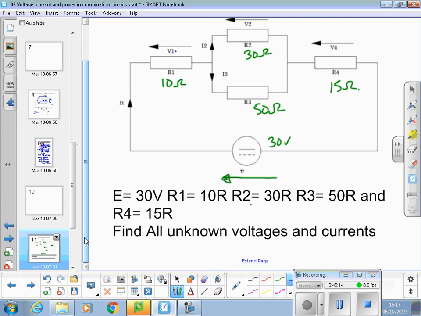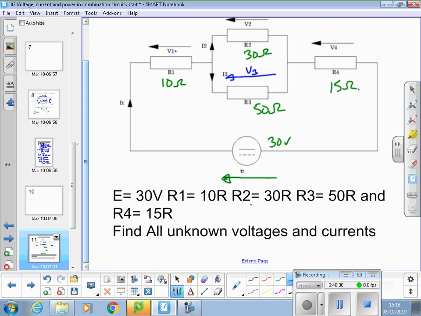We've got V2 across the resistor R2. What's the value of V3 going to be in terms of other values? Exactly the same as V2. Those two are in parallel.